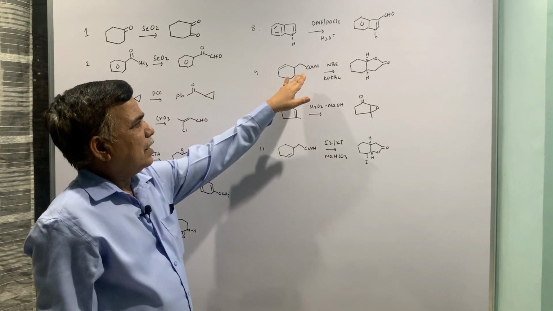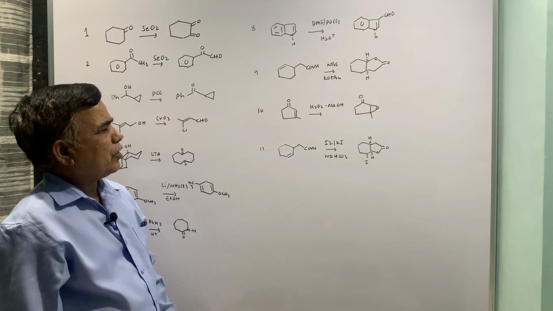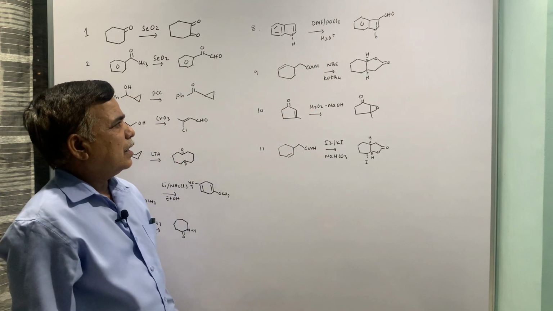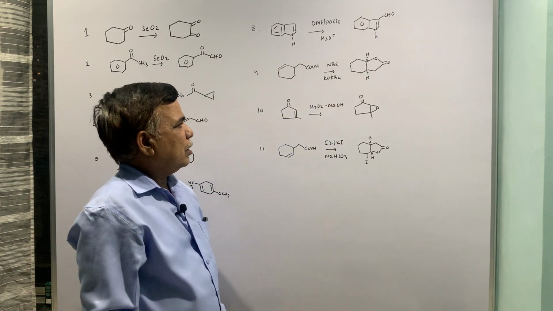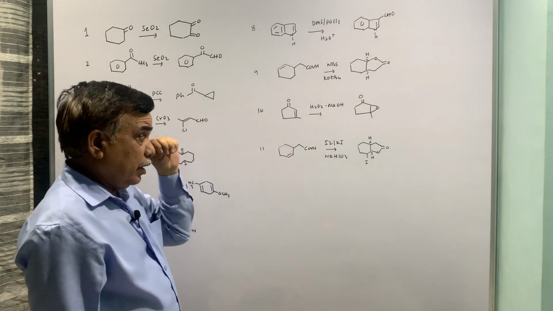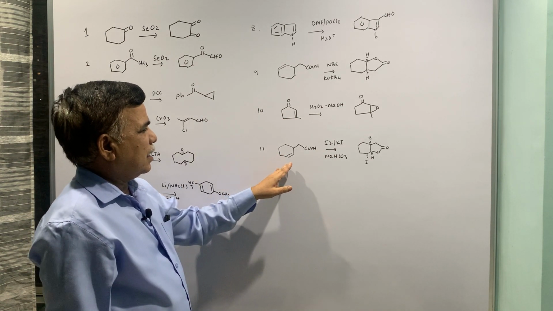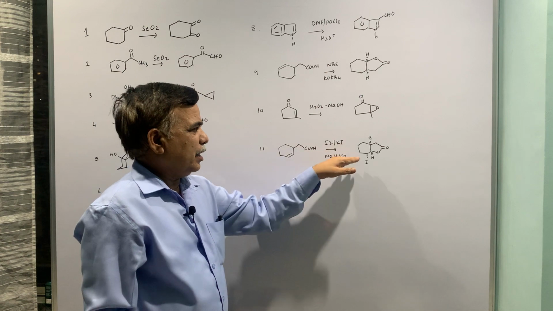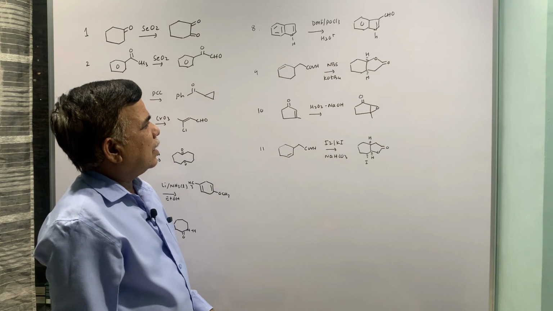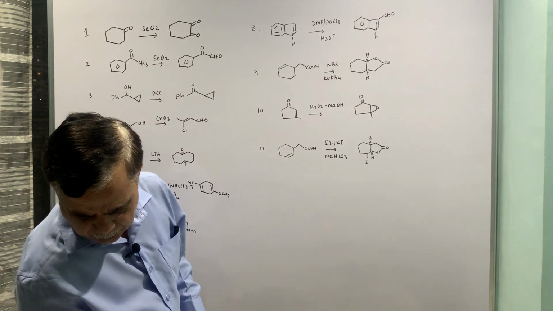Then this acid is treated with NBS followed by potassium tertiary butoxide. So NBS is the first reagent, tertiary butoxide is the second reagent, and you get this lactone. The conjugate addition of H2O2, NaOH gives you an epoxide, and lastly this acid will give you the iodolactone there. And I think this NBS thing, let me check.